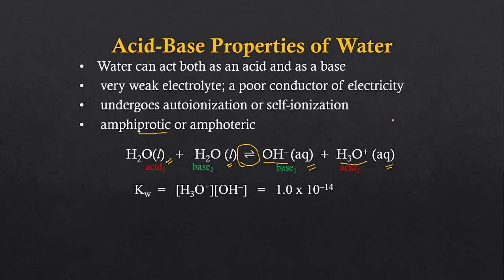Kung tatandaan ninyo, di ba, yung K is equal to concentration of product over the concentration of the reactants. Okay? Pero since pareho ng liquid yung ating mga reactants, then wala na ito. So we will only have the concentration of the hydronium ion and the concentration of hydroxide ion.